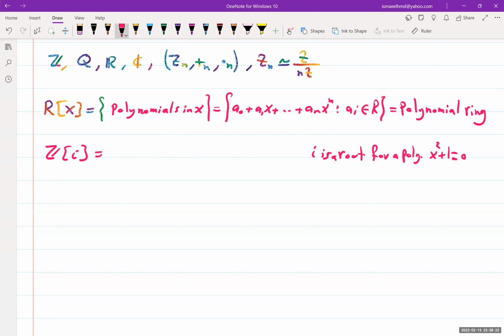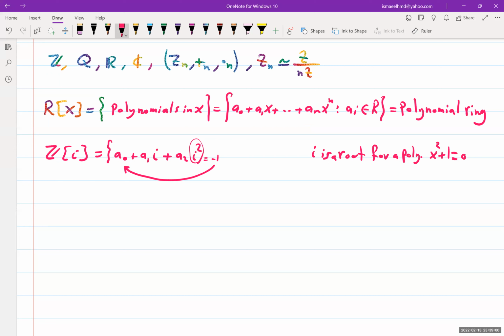So Z[i] is a polynomial ring, but the polynomials are written as a0 plus a1 i, because if we write the next term, a2 i squared, this i squared is equal to minus 1, and minus 1 is an integer, so it belongs to Z as a first component.